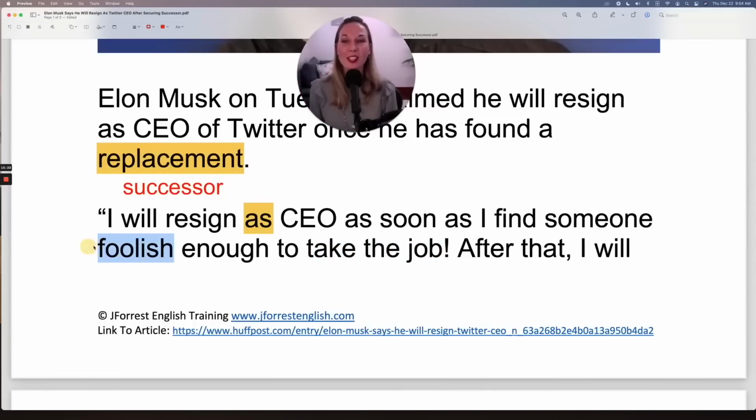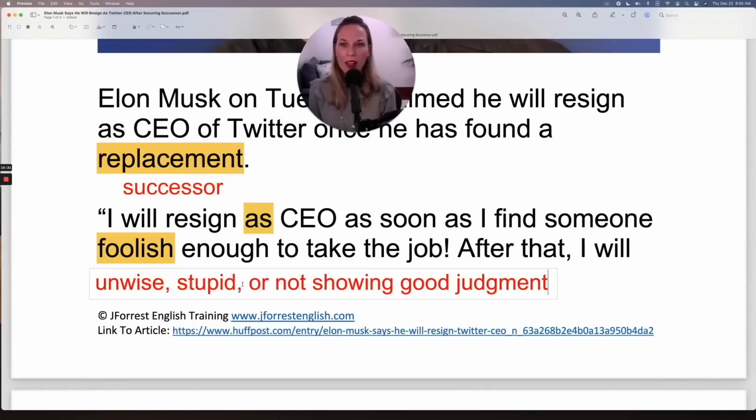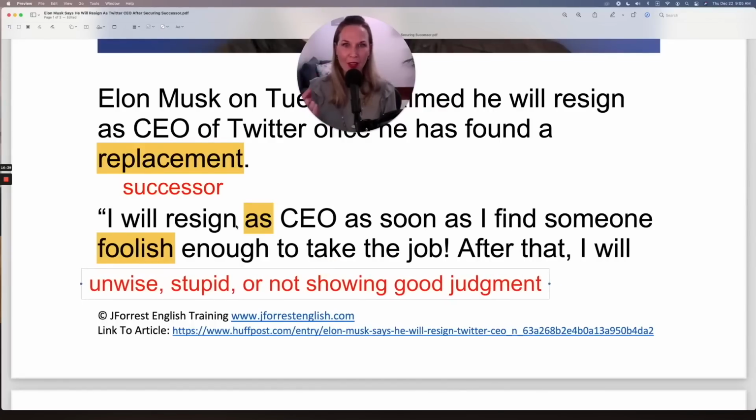So again, it's just a different way to say the same thing. Notice how he says foolish enough. When we describe something as foolish, this is a negative adjective because foolish means unwise, stupid, or not showing good judgment. So Elon Musk is saying that it isn't a wise decision to become my successor, to take over as CEO.